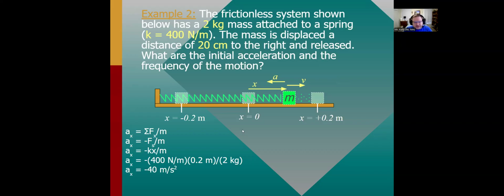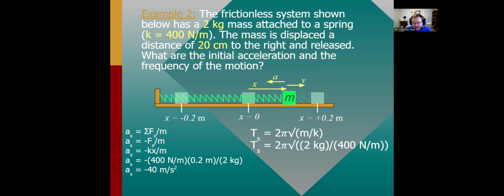Then for the frequency, I'm actually going to solve for the period, because the equation for frequency is not on your formula chart, and instead of making you memorize it, let's just use the equation for period, which is on the formula chart. The period of a spring is 2 pi times the square root of mass over spring constant.